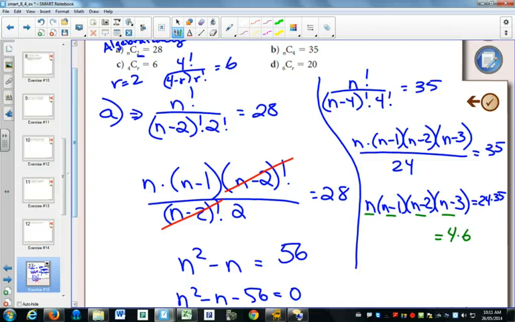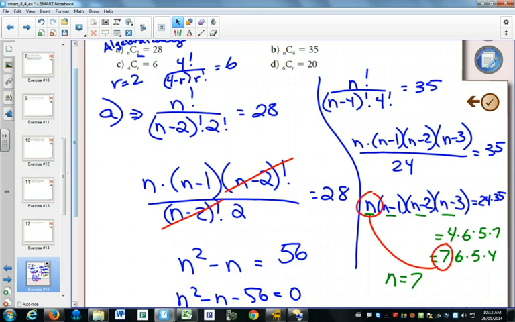And how could I break up 35? 5 and 7. Are they all in a row? Sure, if I rearrange them, I could write 7 times 6 times 5 times 4. And n happens to be the biggest one. And that causes a lot less mathematical pain than the other way. And that would be a systematic way that you could solve that one.